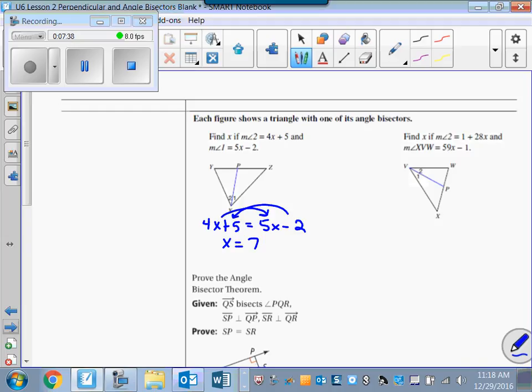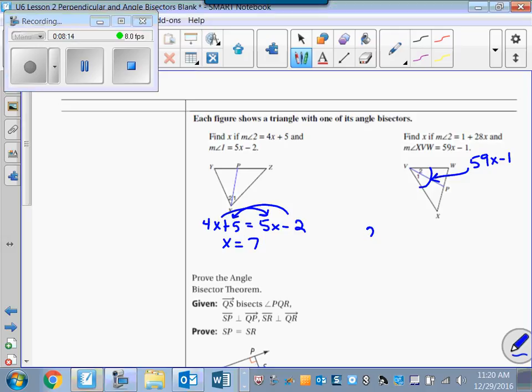And let's see, find x. The measure of angle 2 is 1 plus 28x, and the measure of angle XVW, so the whole thing, is 59x minus 1. All right, so let's see what we're going to do here. Okay, we know we've got an angle bisector, so we know that the measure of angle 1 and the measure of angle 2 are the same.